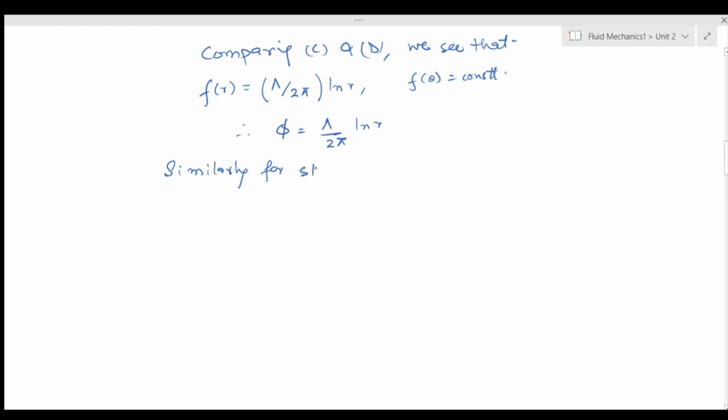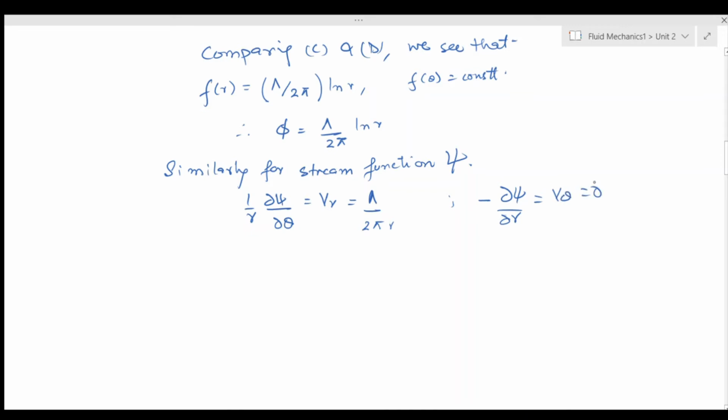For stream function psi, I know that 1 by r del psi by del theta is equal to Vr, which is given to me as capital lambda divided by 2 pi r, and I know that minus del psi by del r is equal to V theta, which is 0.